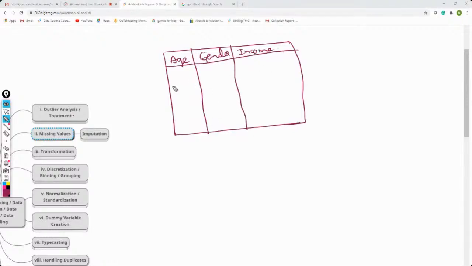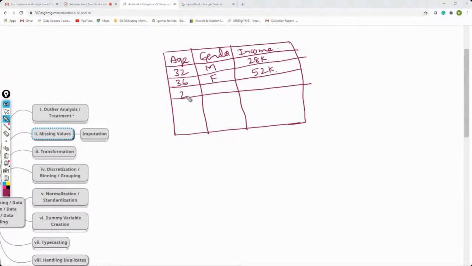Age is 32, gender is male, income is say 28,000 rupees. Then another person, age 36, female, 52,000 rupees.